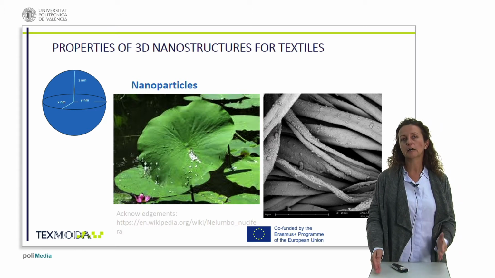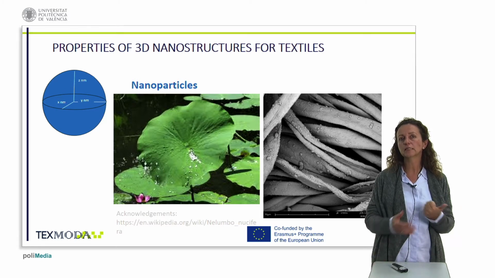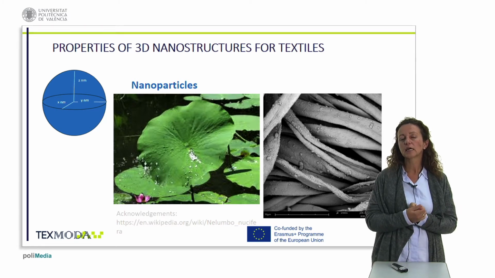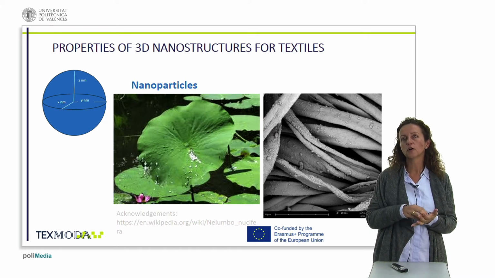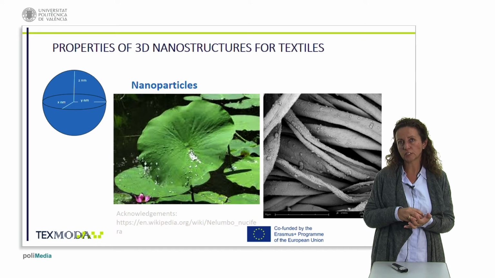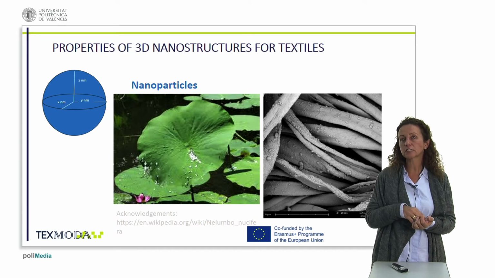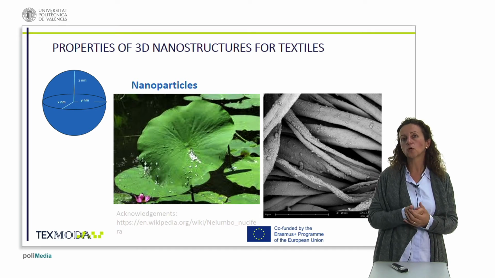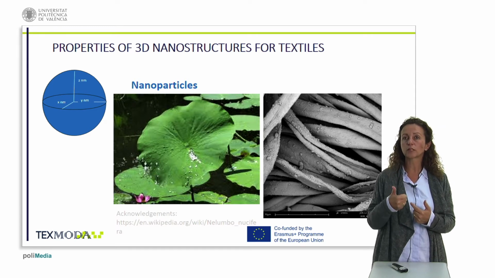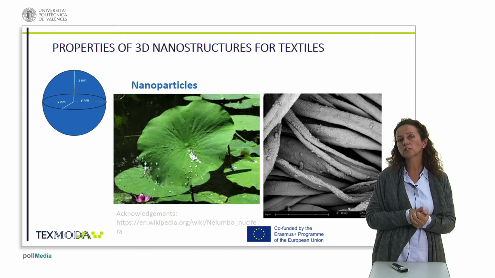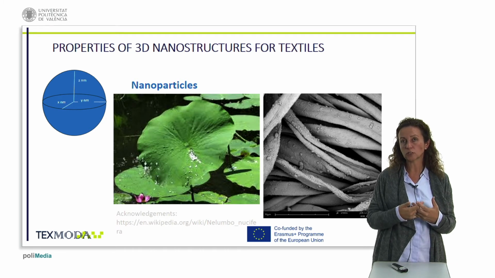But as I have said in the previous slide, titanium dioxide has more properties than the one created by the effect of the nanoparticles on the surface. Because of its chemical structure, titanium dioxide is also going to implement different properties such as ultraviolet protection or, for example, self-cleaning properties, okay?